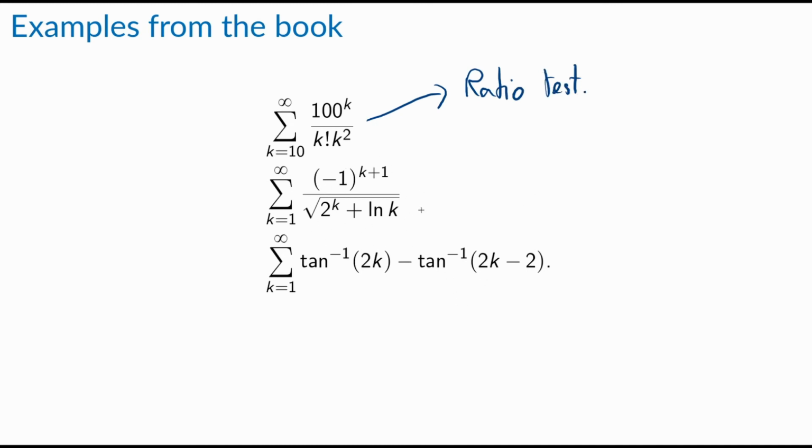This guy right here is a little bit tricky, but here I'm going to recommend that we look at it with something like the ratio test, because this denominator looks like square root of 2 to the power k, so that means that's 2 to the power k over 2, or in other words, we can think of it as root 2 to the power k.